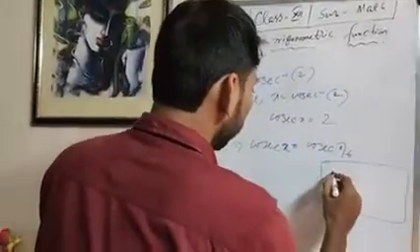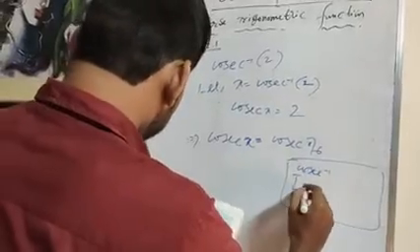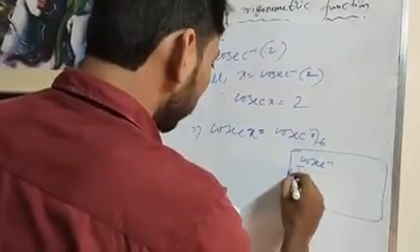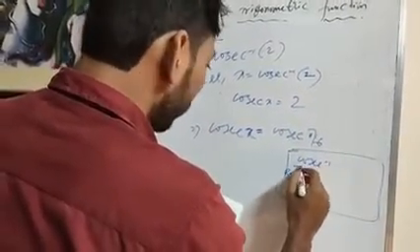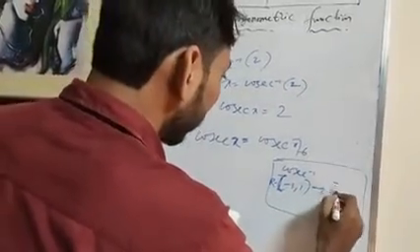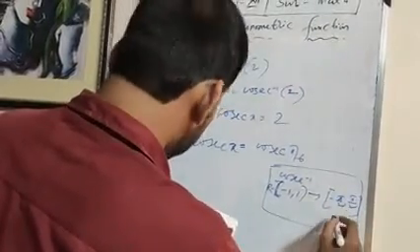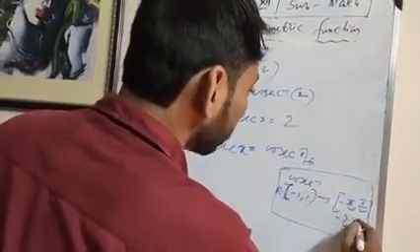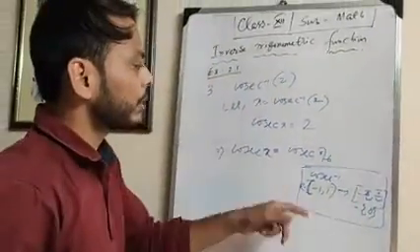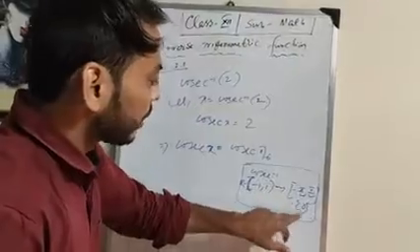We know that cosec inverse x is defined from R minus the open interval minus 1, 1 to the closed interval minus pi by 2 comma pi by 2 minus singleton 0. So the range set of the cosec inverse is the closed interval minus pi by 2 comma pi by 2 minus singleton 0.